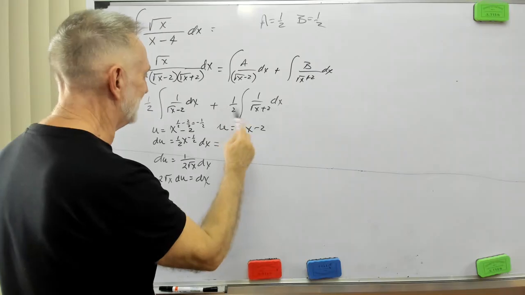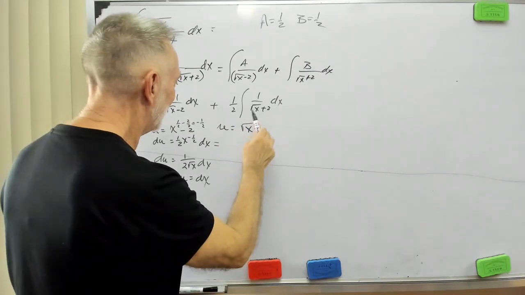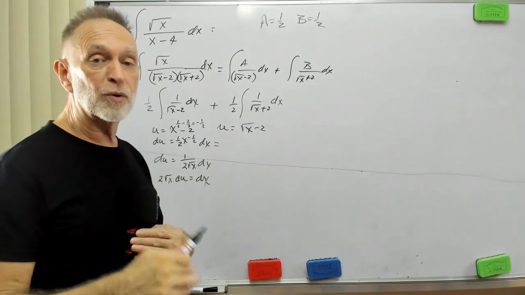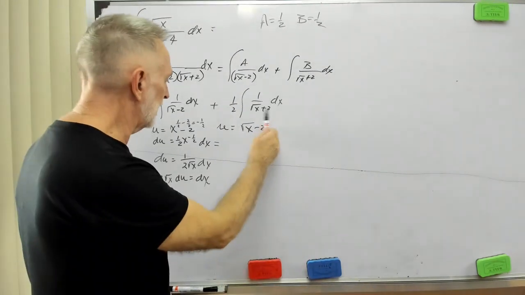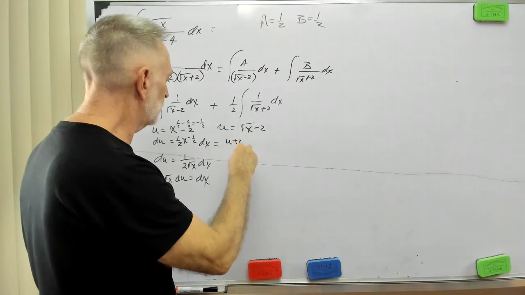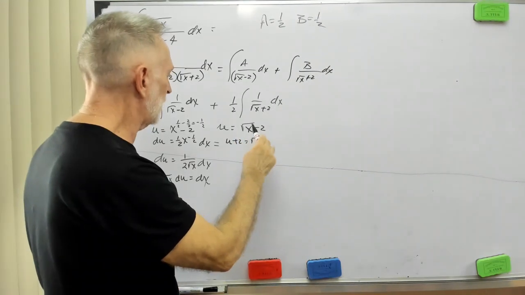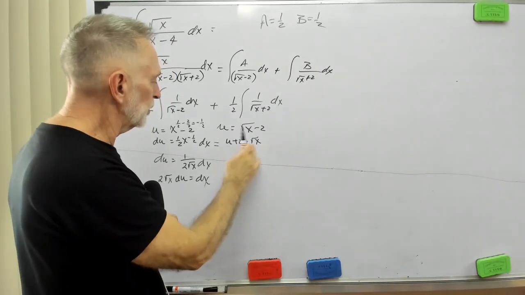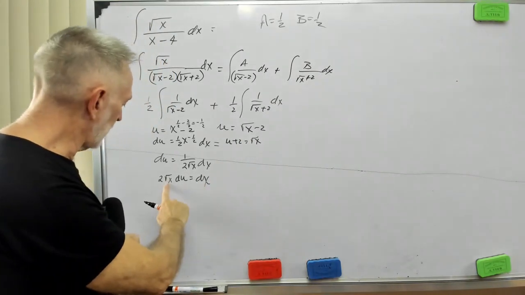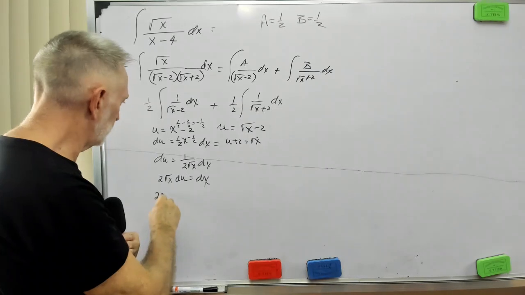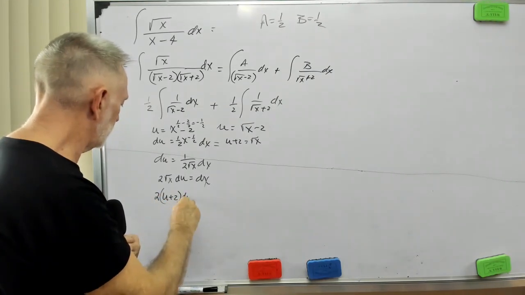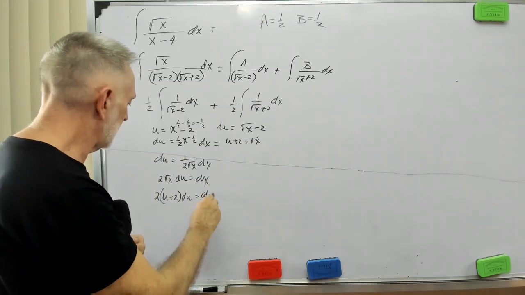My writing's not very good tonight. If I were to add 2 to both sides, u plus 2 equals square root of x, negative 2 plus 2, those cancel. u plus 2 equals square root of x. So I have 2 times (u plus 2) du, and that equals dx.